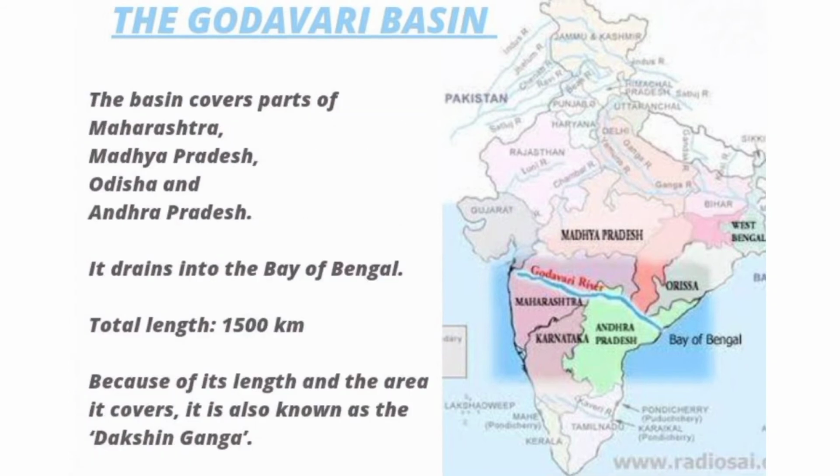The basin covers parts of Maharashtra, Madhya Pradesh, Odisha, and Andhra Pradesh. It drains into the Bay of Bengal and its total length is 1500 km. Because of its length and the area it covers, it is also known as Dakshin Ganga.